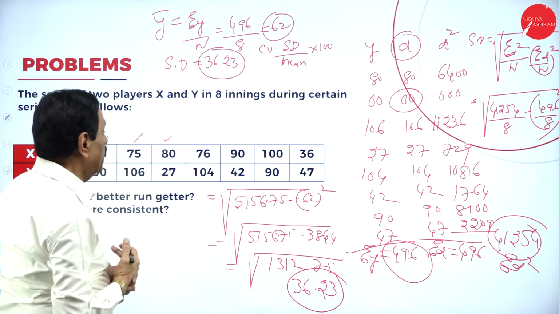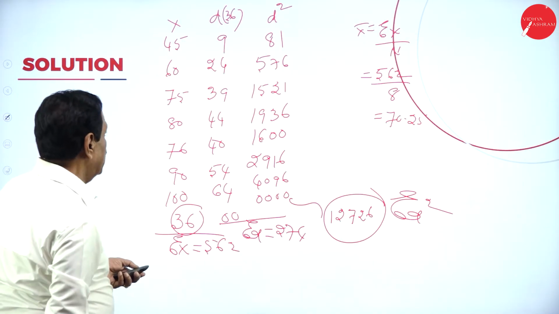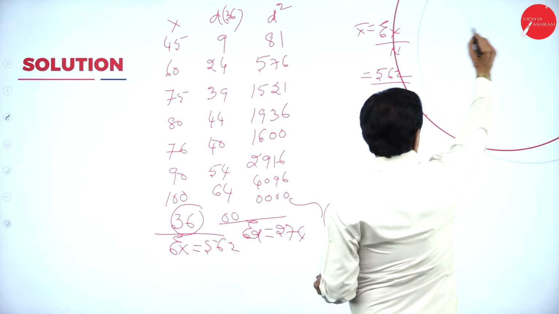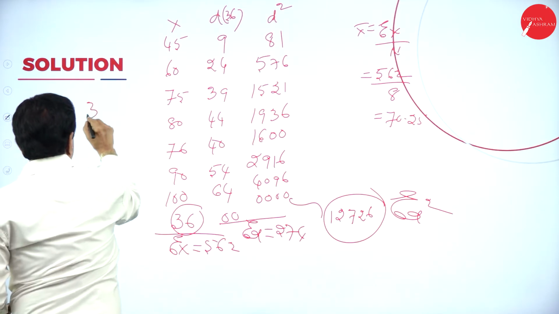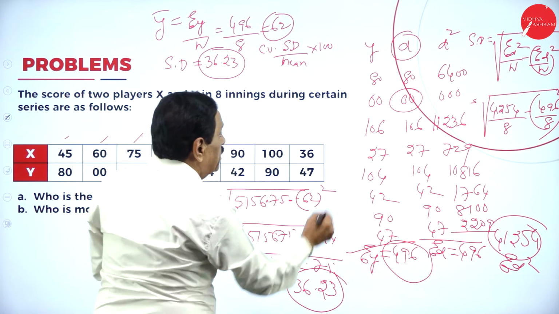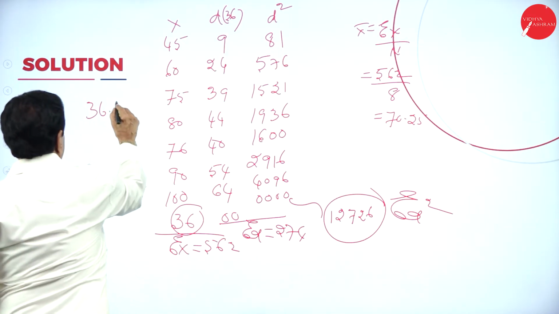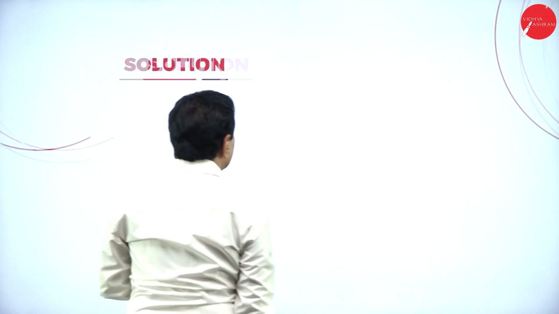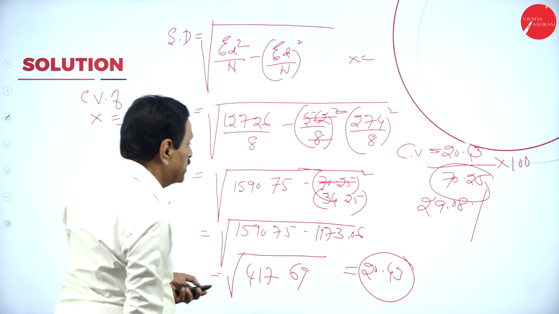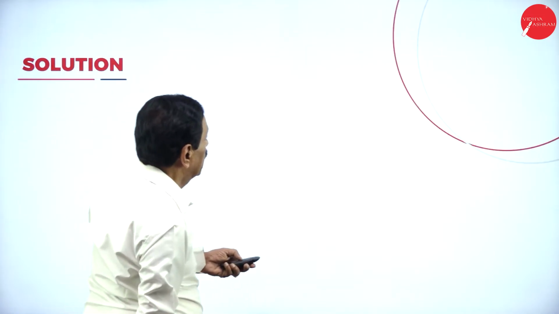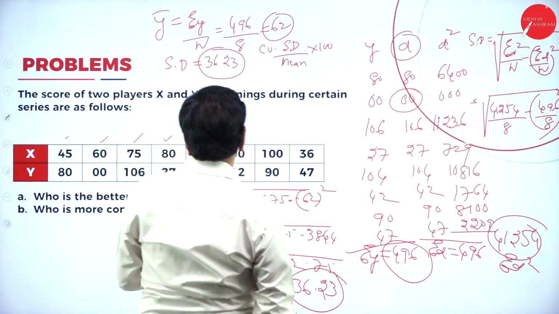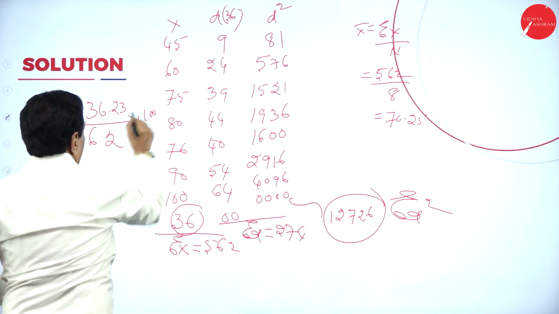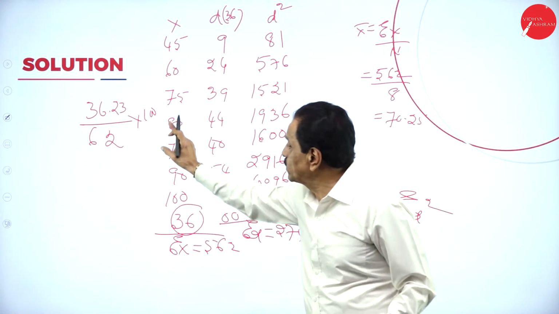What's your standard deviation? 36.23, if you go with the Y. Divided by your mean, which here is 62, into 100.